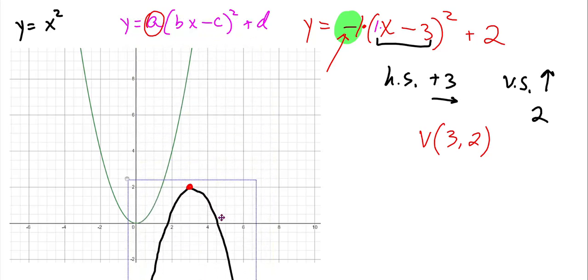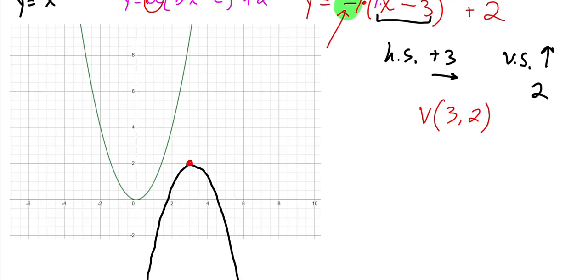So this is already two types of transformations. One, I shifted it side to side or up and down, so this is a translation, but I also reflected it, in this case about its vertex. Everything that was above the vertex is now below the vertex, and so on, every single point.